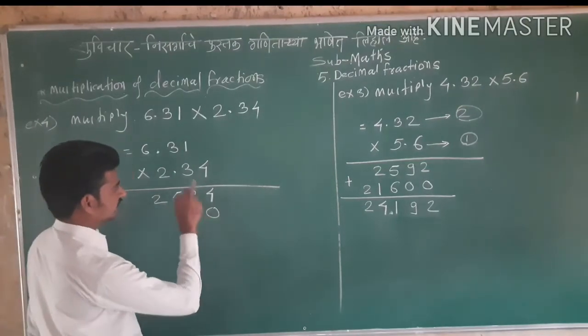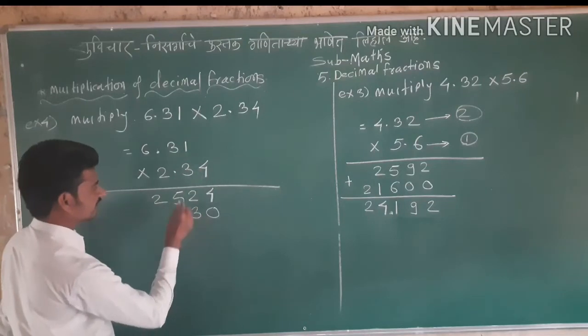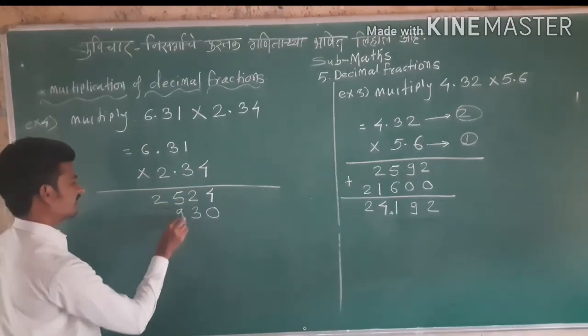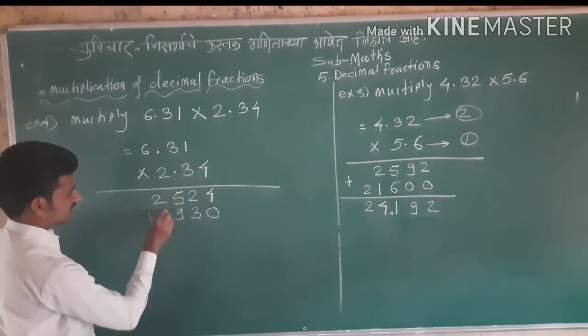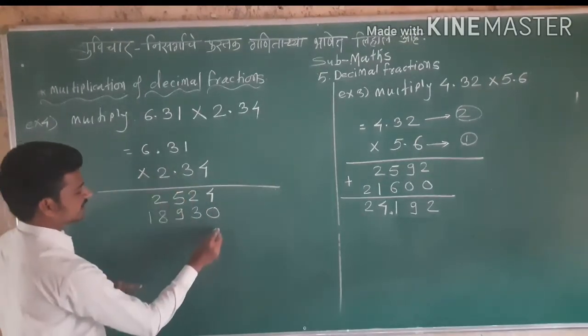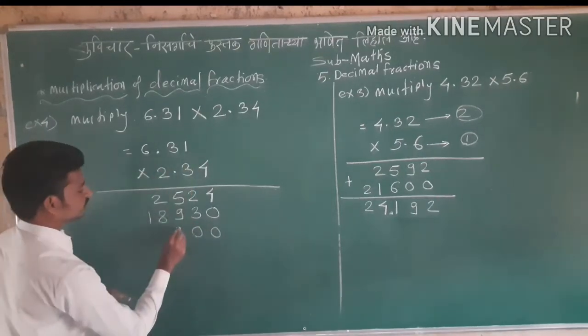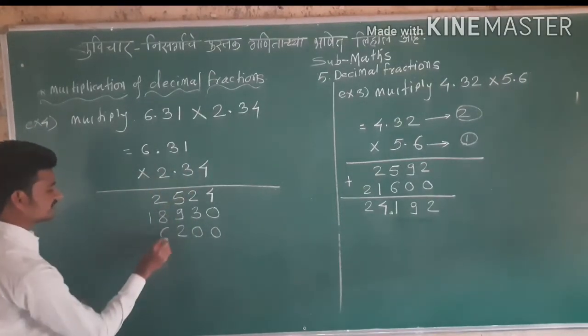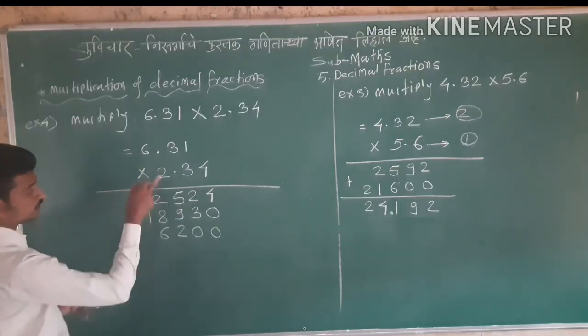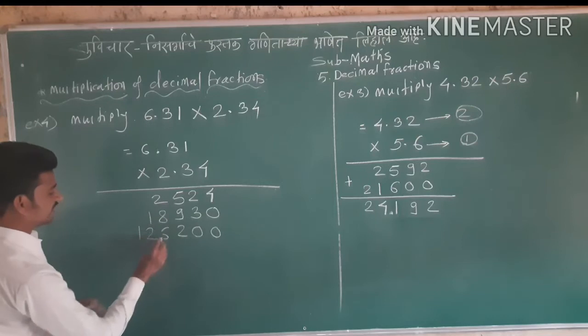Here is the 0 because it is the second place. 3 ones are 3, 3 threes are 9, 3 sixes are 18. 2 is the third place, so written as 1 2 0, 2 ones are 2, 2 threes are 6, 2 sixes are 12.